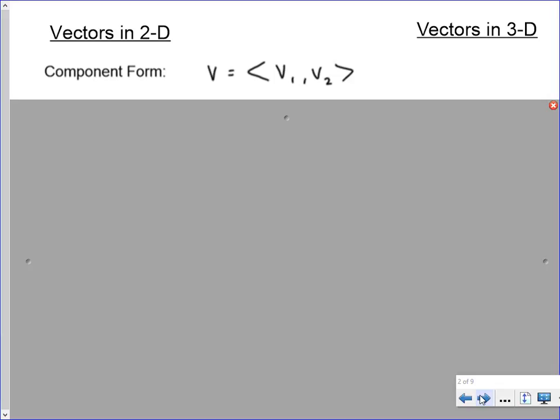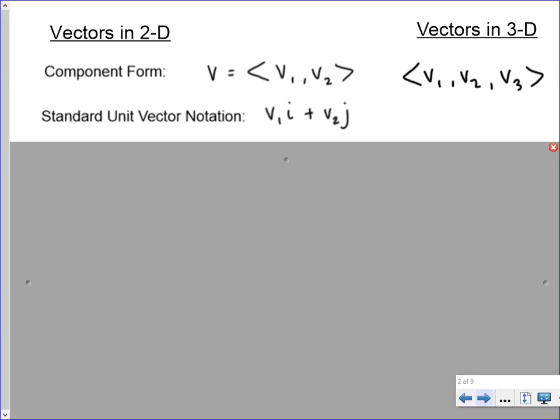In 3 dimensions, component form looks like v sub 1, v sub 2, v sub 3, and those correspond just the same as the directions we would use for ordered triples. So v sub 1 is really like our x, which moves forward and backward in the 3-dimensional coordinate system. V sub 2 is our y, which moves left and right. And v sub 3 is like z, which moves up and down.